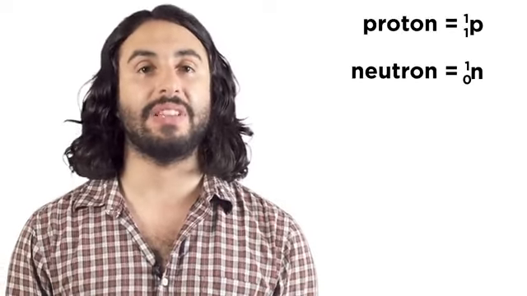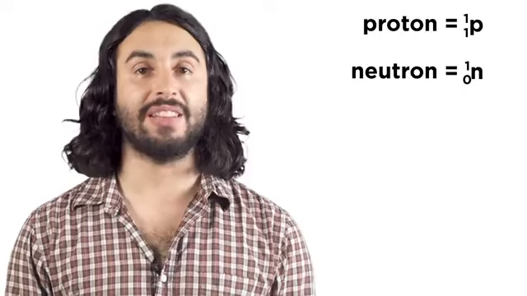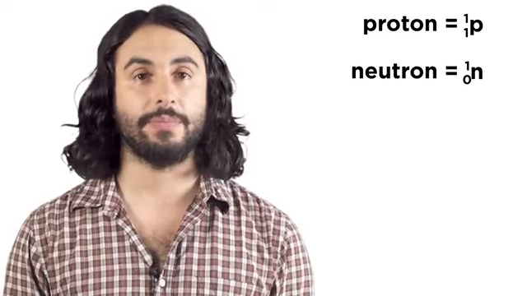Remember that when we write nuclide symbols, the lower number is atomic number, or number of protons, and the upper number is atomic mass, or the protons plus neutrons. So a proton and neutron will be signified this way with a P and an N, each with mass 1, but only the proton has atomic number 1.